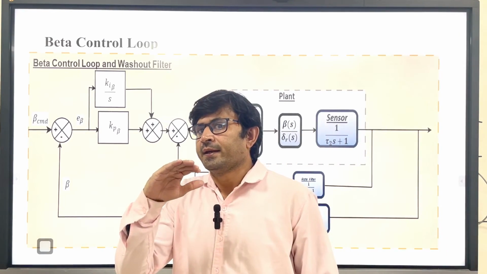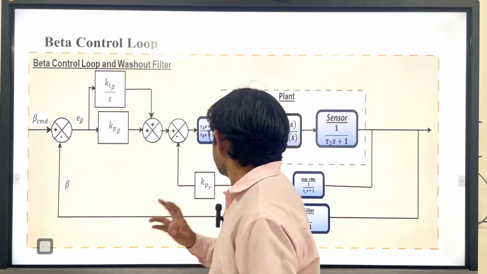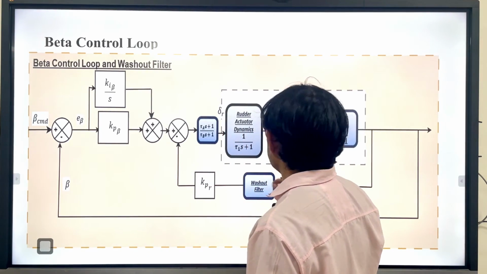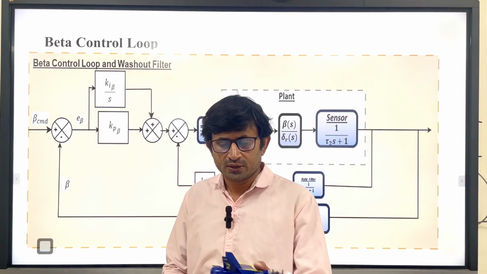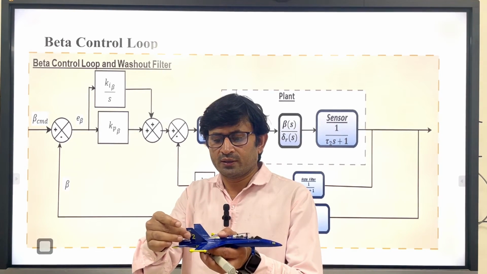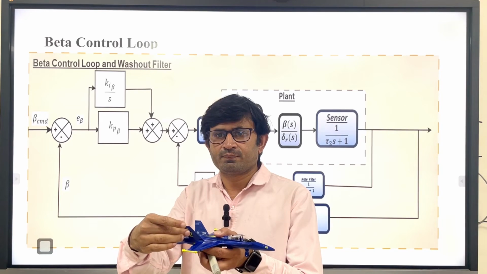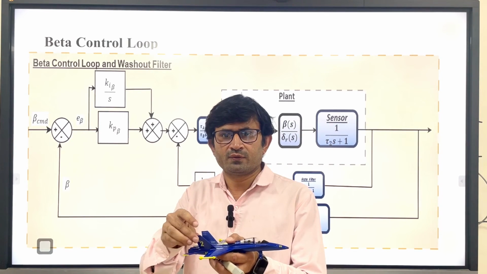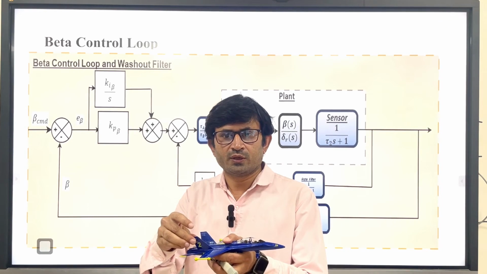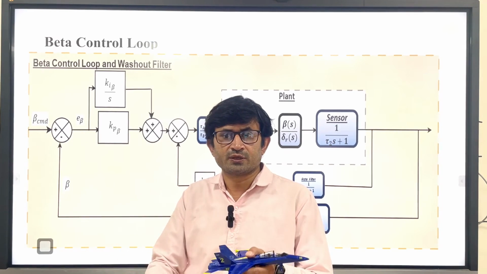Okay, now you may also include the rate and position limits. First the position limit, then the rate limit. That means when you have a rudder, you cannot deflect beyond a certain limit, let's say plus minus 30, and you cannot deflect at more than some rate, like 80 degrees per second or 30 degrees per second.